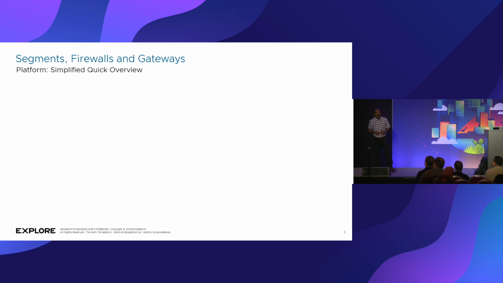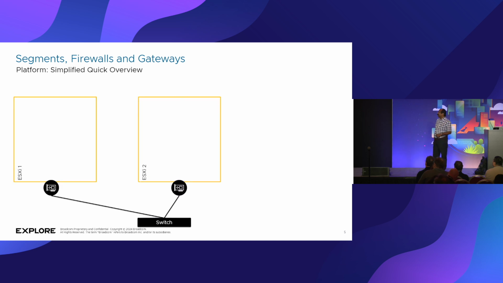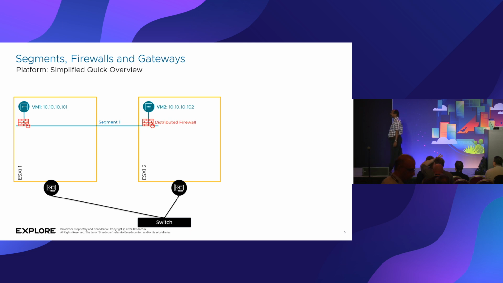Just a baseline. What is VCF networking? What is NSX? When you have two ESX hosts with a couple of VMs, and you want connectivity between them, in the NSX VCF networking world, this is what we call segments. When you want these segments to send traffic to each other, the VM sends the traffic down, and somewhere in the ESXi stack, before handing it over to the PNIC, and also within the PNIC stack, you have encapsulation and decapsulation happening for this traffic.